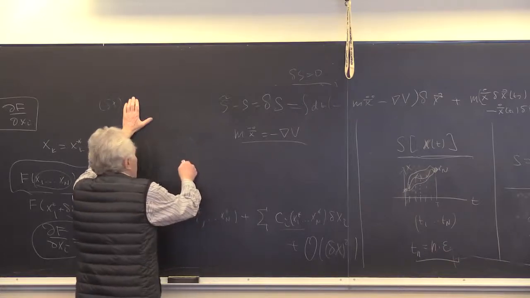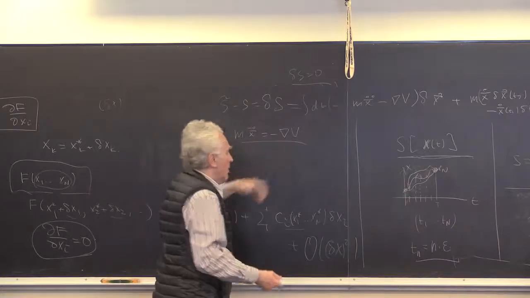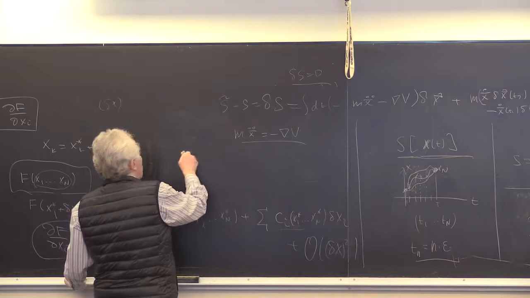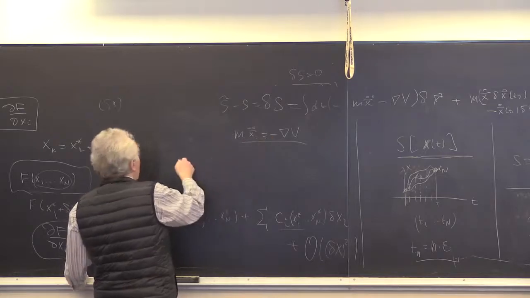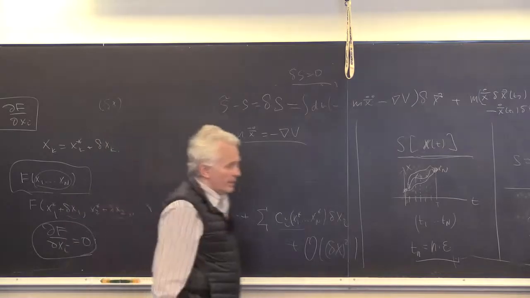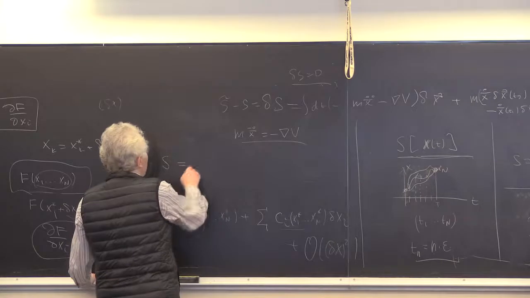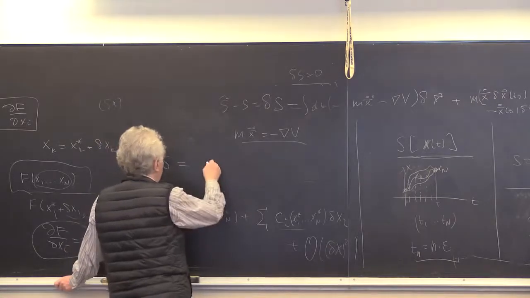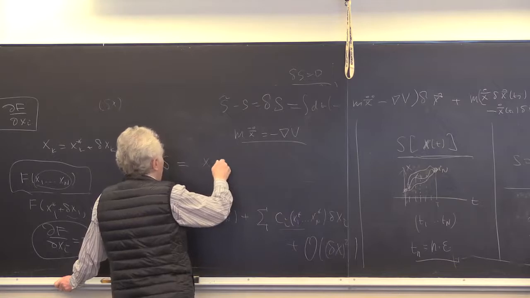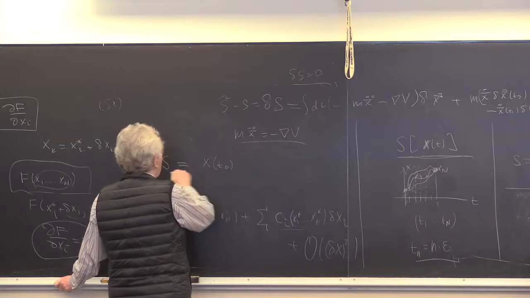So the functional is just the way you associate a number with a function. In this case, it had this structure, but you can consider many other functionals. For example, let's consider the functional s of x equal to x at some moment t0.